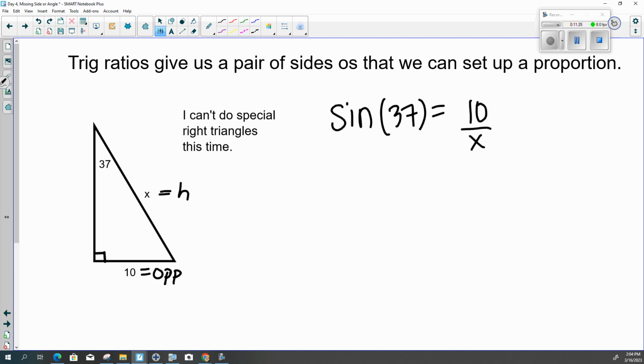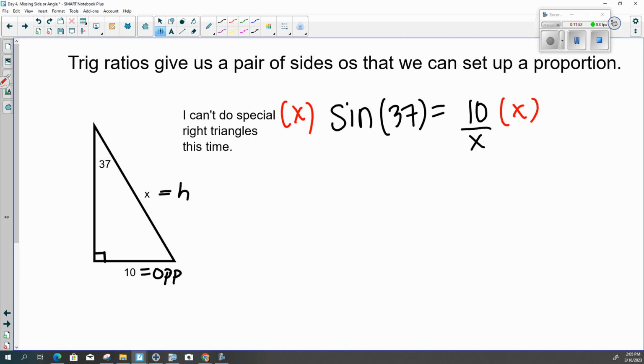So Tyson, what's the first thing that I do so that I can find out what x is? You're not sure? Jeremy, did you listen on that other page? What do I do to get this x by itself? Yeah, we need it in the numerator. To get it alone, it's got to be in the numerator. So we start by multiplying both sides by x.